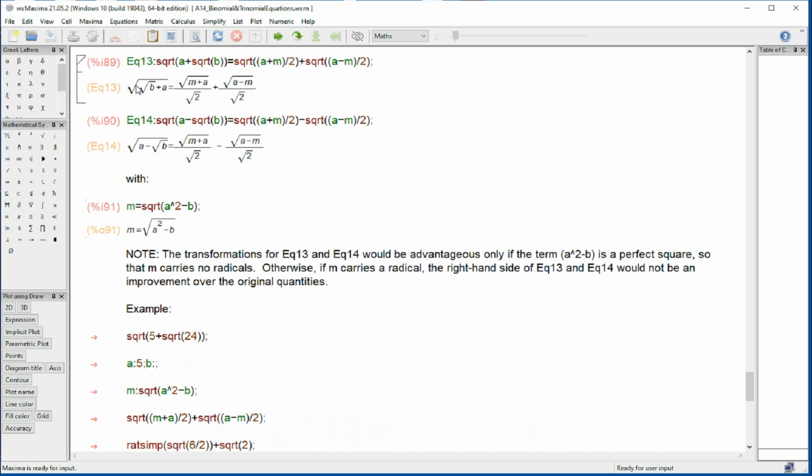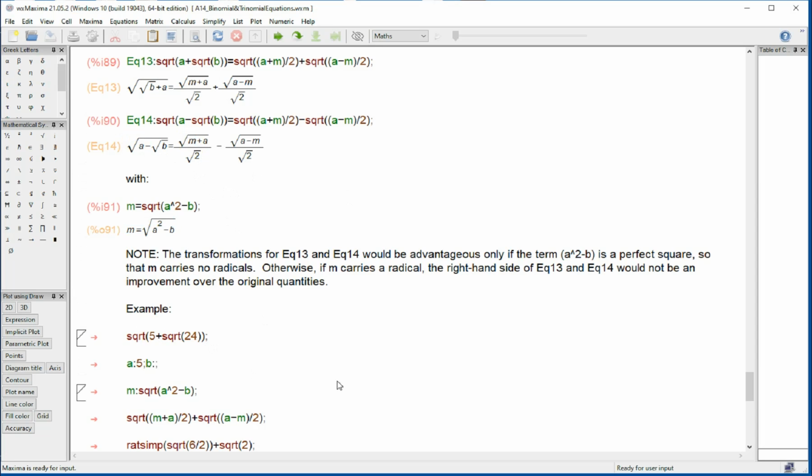Now transforming these into this will be okay only if this term m is a perfect square, because if it is not a perfect square, you're still going to have a square root in here, which is what we're trying to avoid.